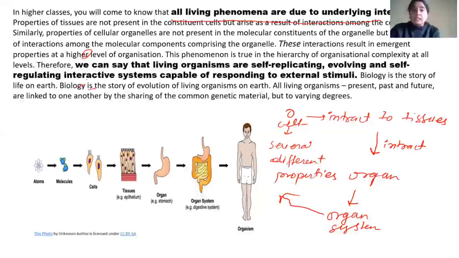So this is the definition of a living organism, and it is very important: living organisms are self-replicating, evolving, and self-regulating interactive systems capable of responding to external stimuli, that is, aware of the surroundings.